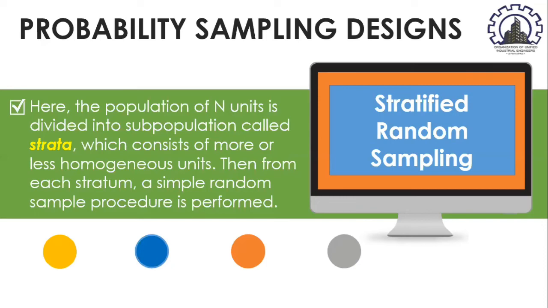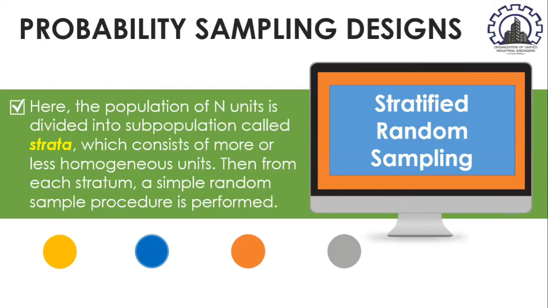So what you need to do first is divide the whole population into subpopulations, and you call those strata. After having divided your population into subpopulations, you will then apply the simple random sampling technique.